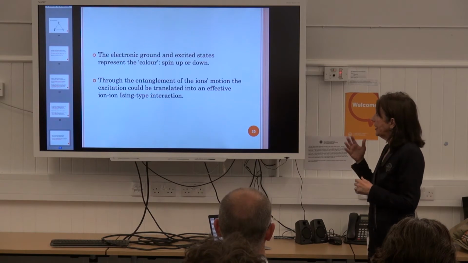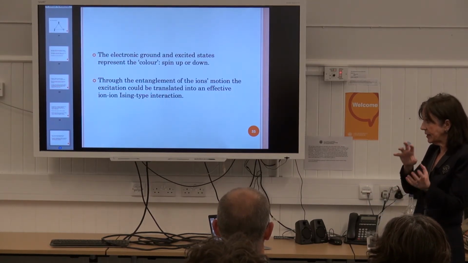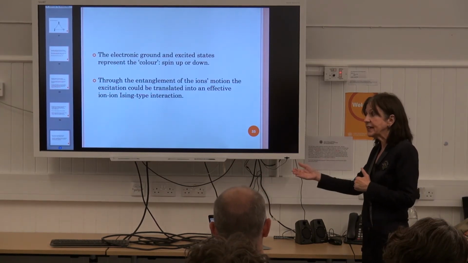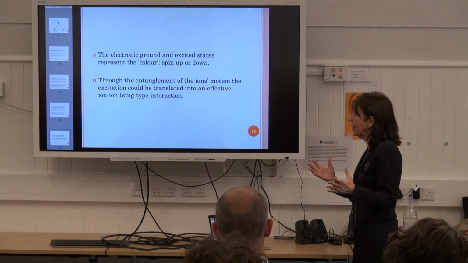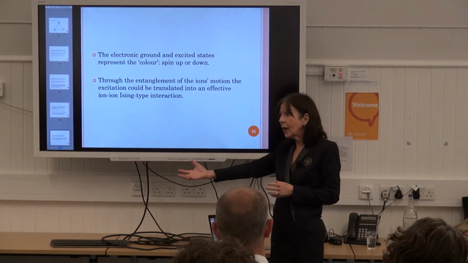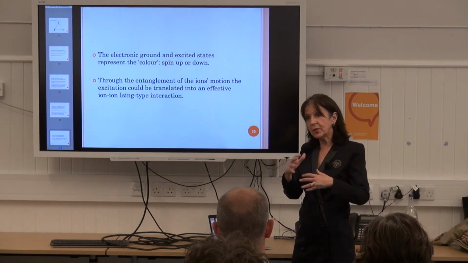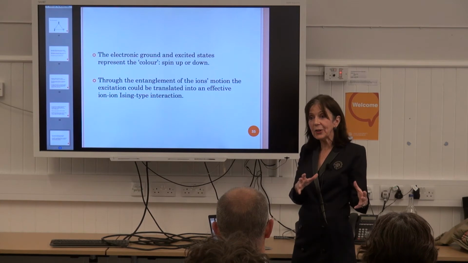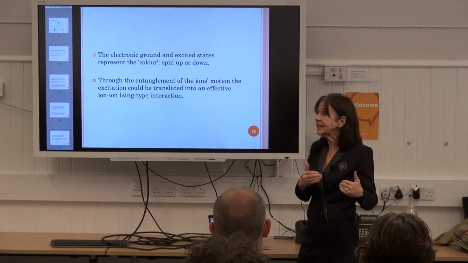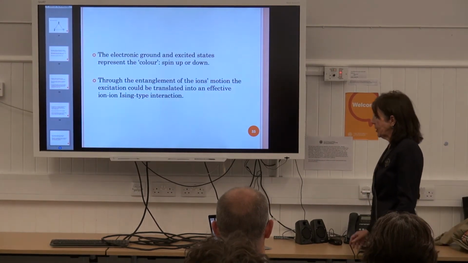And the entanglement of the motions of these ions in the lattice structure can then be translated into an Ising-like problem, or an Ising-type interaction. So you can't calculate the Ising model directly, so what you do is you very carefully engineer this quantum situation, and then that lets you model, as it were, an Ising-type interaction.